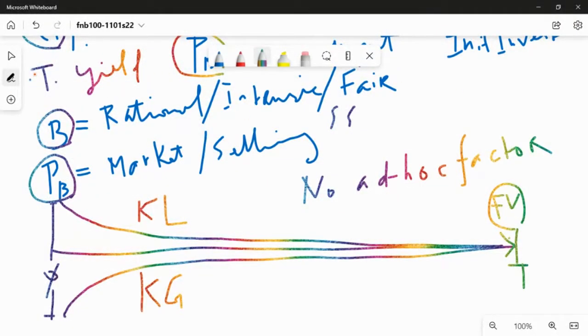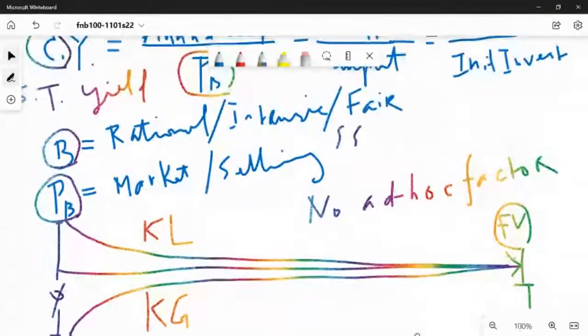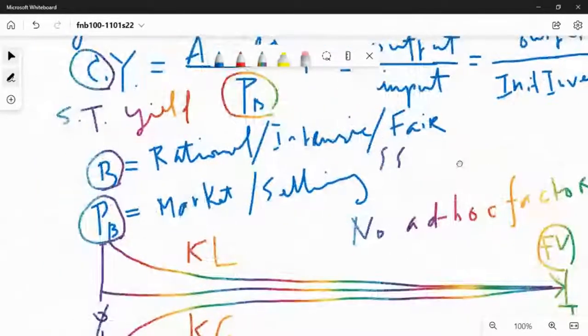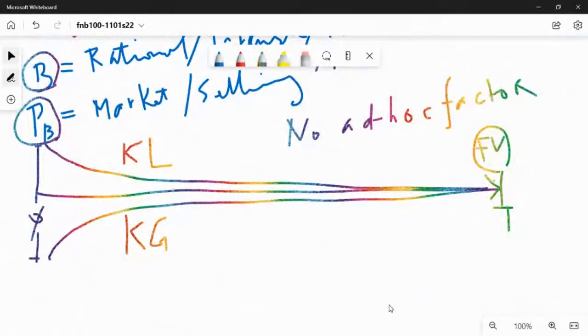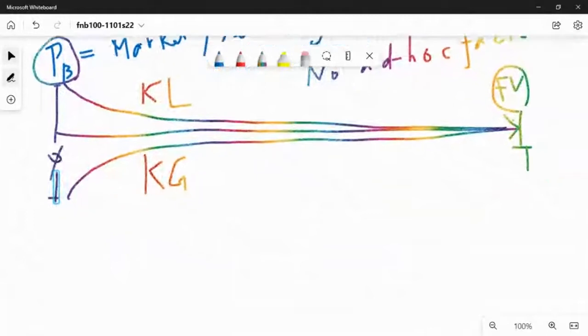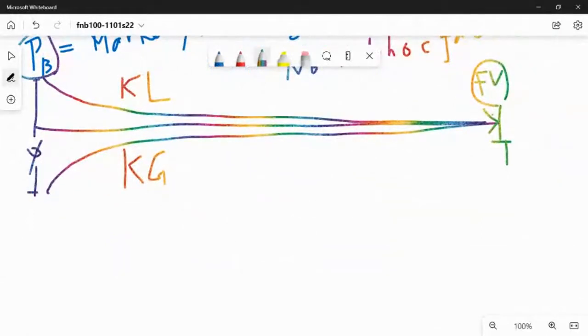That brings us back to the discussion of yield. Current yield is the short-term yield, but then suppose this timeline is 10 years, or 30 years, whatever.